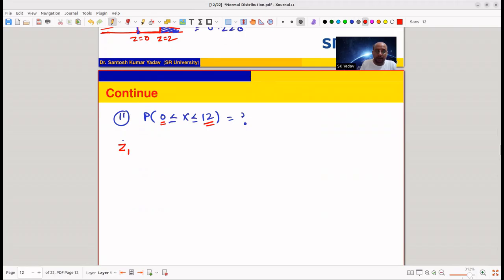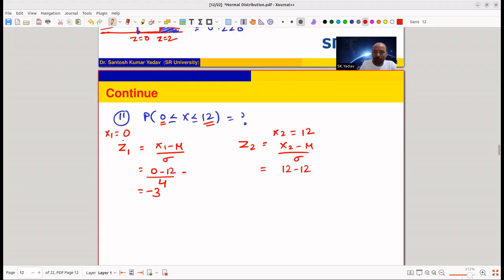So I need to find z1 for x1 equal to 0. z1 will be x1 minus mu upon sigma, which is 0 minus 12 upon 4, which is minus 3, and z2 for x2 equal to 12 is x2 minus mu upon sigma, so 12 minus 12 upon 4, which is 0.